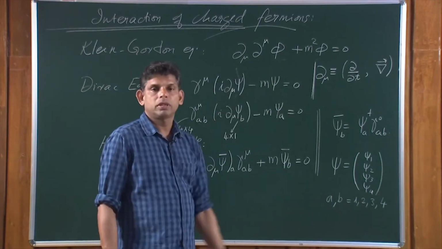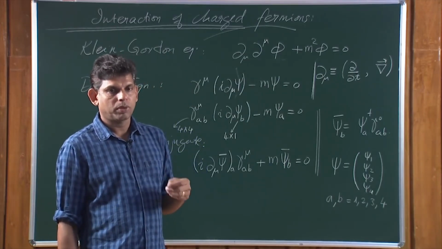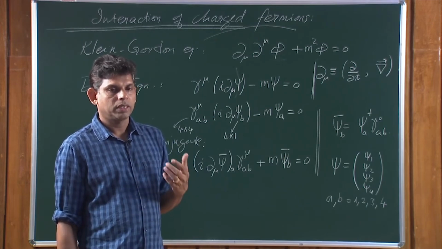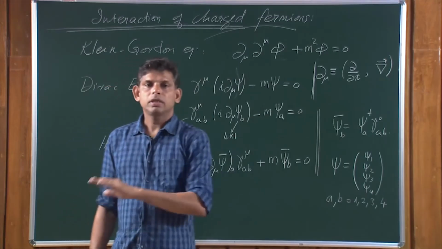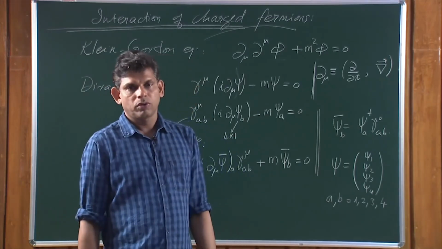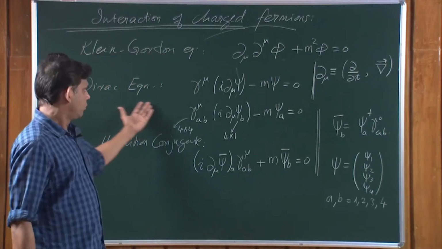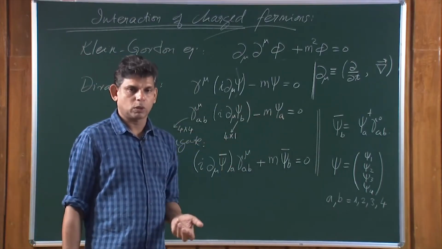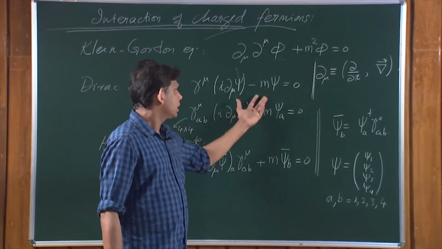A complex field phi which obeys the Klein-Gordon equation is a good representation of any scalar particle. Whereas, a fermionic field like the electron is represented by the Dirac equation.